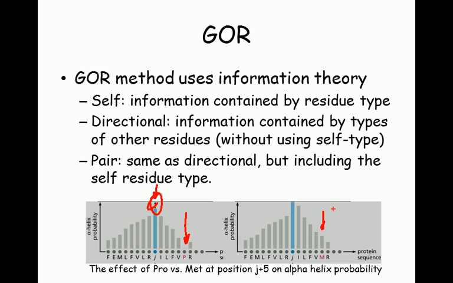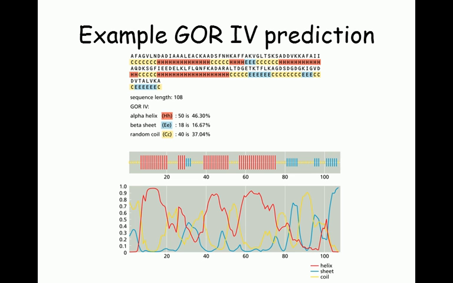So if you have a methionine, the 5 positions before that is more likely to be a helix compared to having a proline. Right? So there's an interaction between residues, and you can capture these statistics in addition to the single residue statistics to get a more accurate prediction. Okay. So that's the idea behind the GOR method.